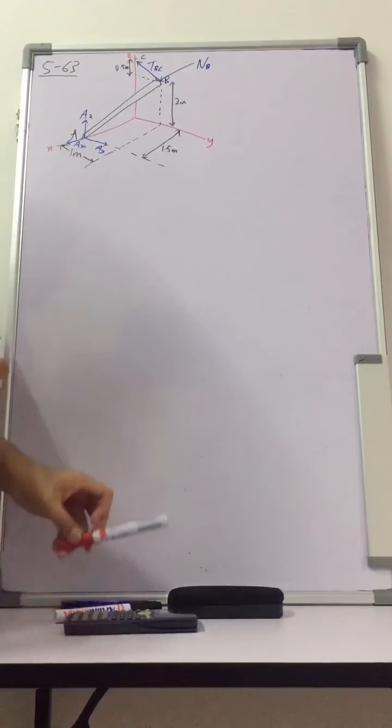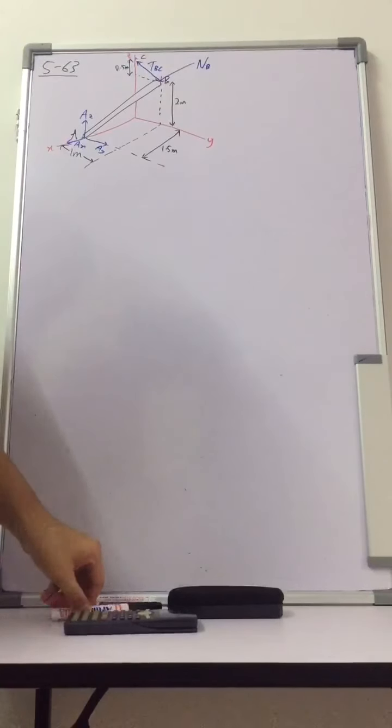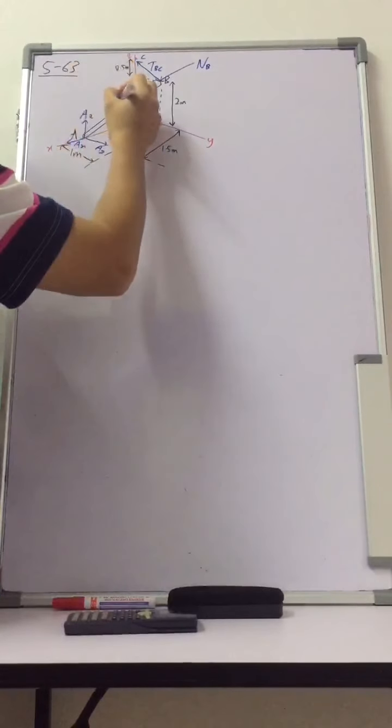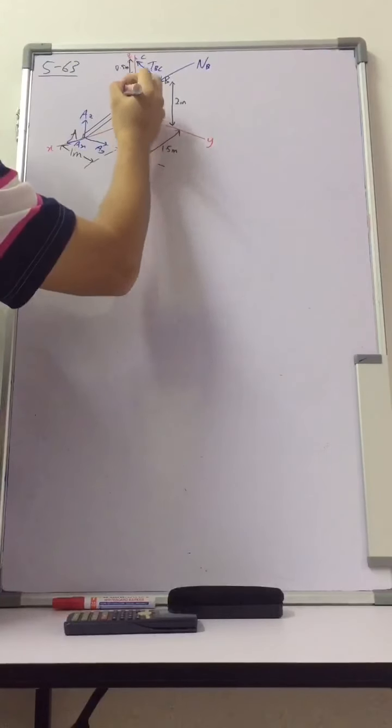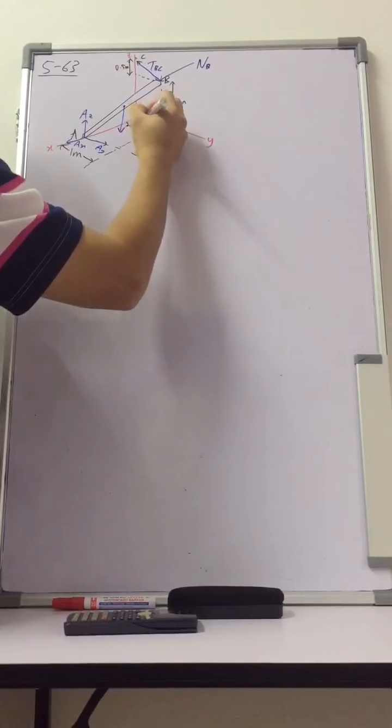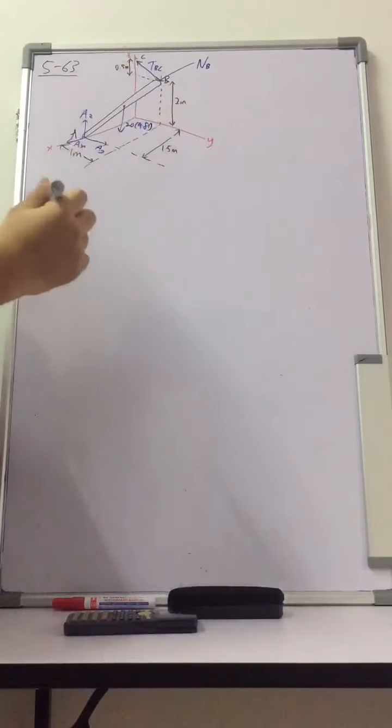Is it all? No. Actually, we have another one. We have the mass of the bar. The mass of the bar is 20 kilogram, which means that the weight is 20 times 9.81 Newton, right?